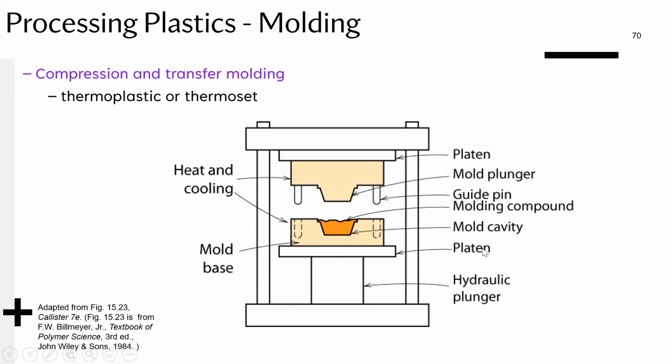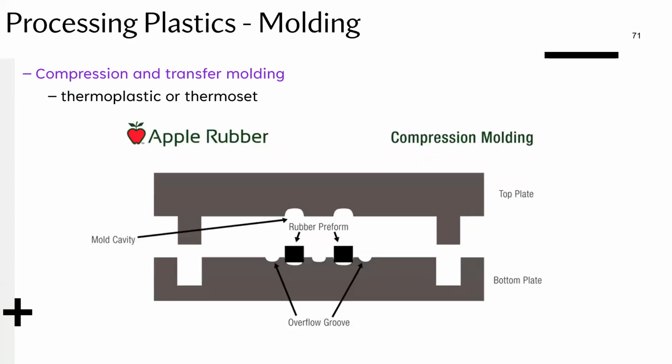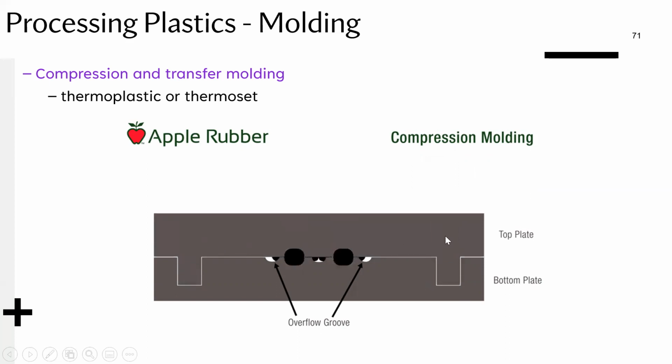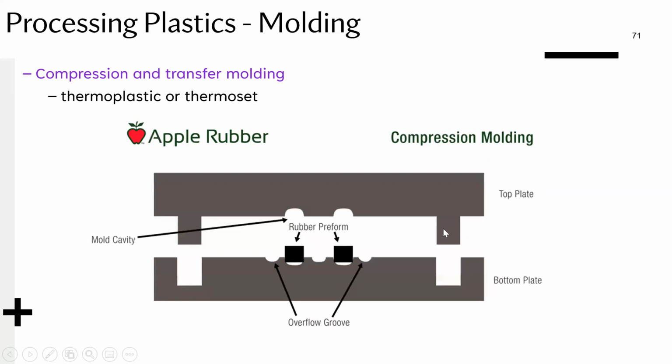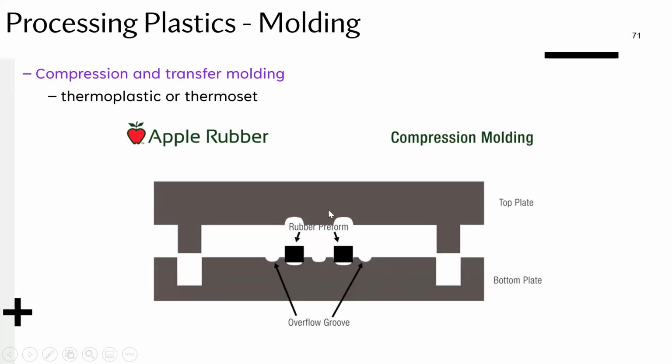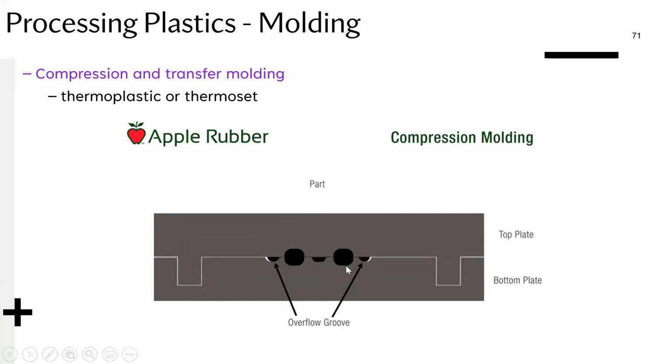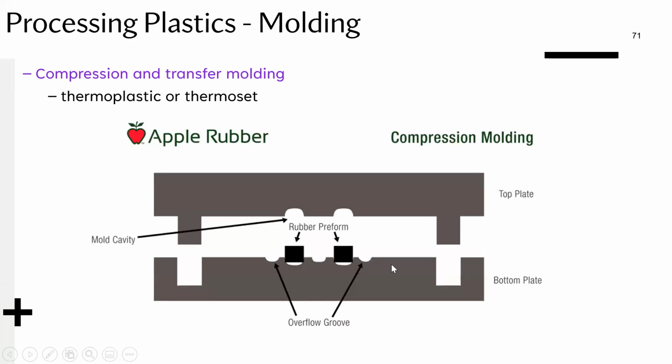So this process, to get a better idea, works kind of like this. So you have these two pieces again, the top and bottom plate, or some call this a plunger, and this is the extruded and basically the cut part, but it doesn't matter. There's two parts of the mold.